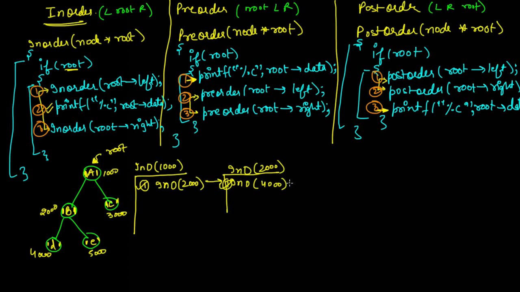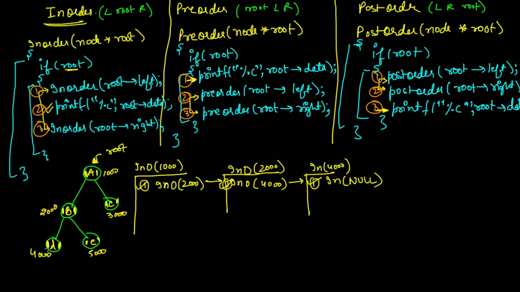So when I called inorder 4000, it is initially going to execute line number 1, and in line number 1 it is going to call inorder of null. Why? Because if you see node number 4, its left and right pointers are both not pointing to any other node, that is why it is a leaf node.